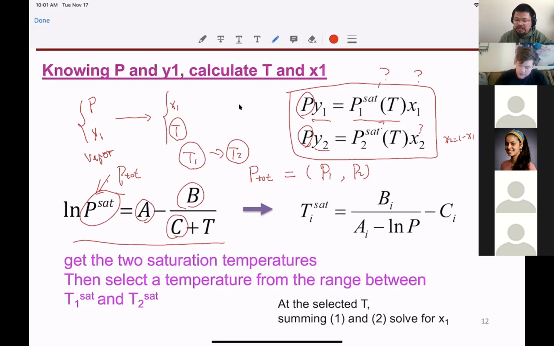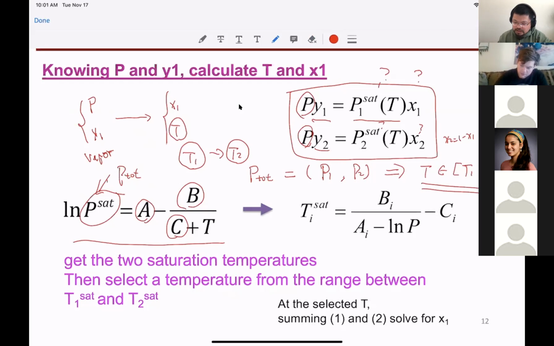So that means my temperature shall fall between T1 and T2, assuming T2 is greater than T1, all right? So that is the knowledge I can get out of the limit analysis.